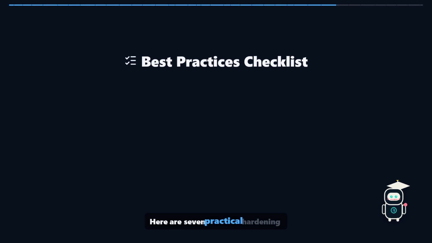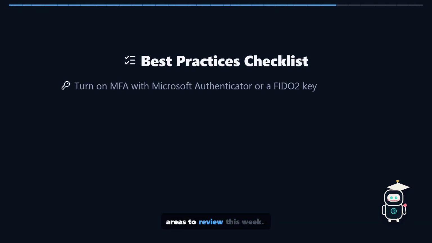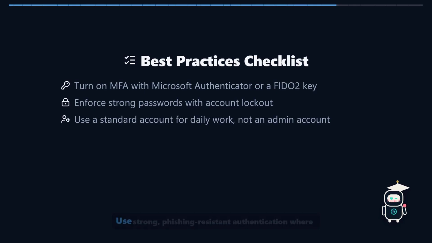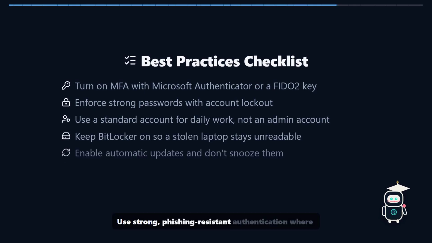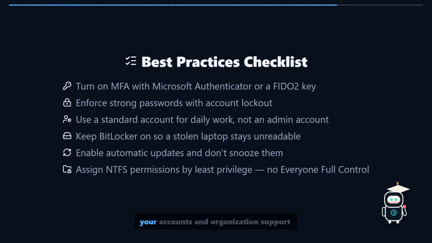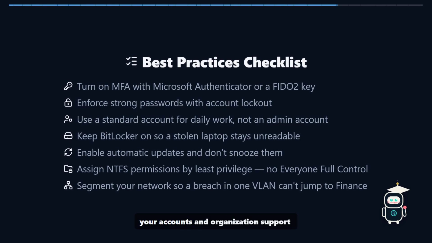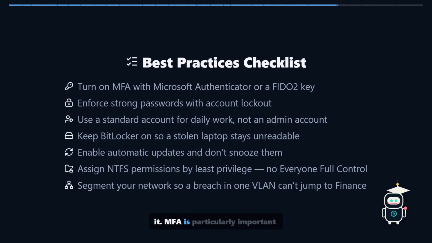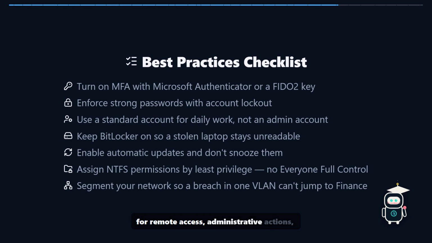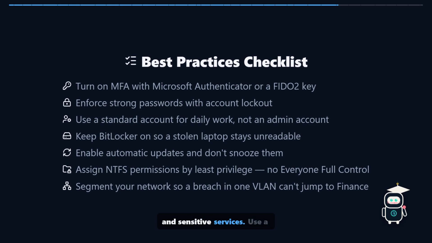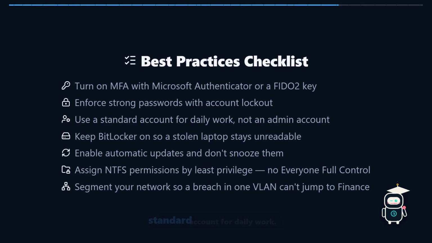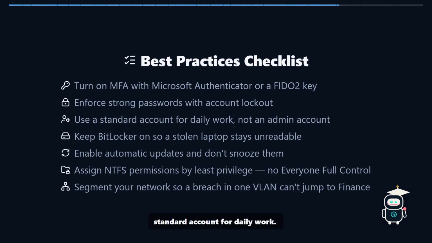Here are 7 practical hardening areas to review this week. Use strong, phishing-resistant authentication where your accounts and organization support it. MFA is particularly important for remote access, administrative actions, and sensitive services. Use a standard account for daily work.